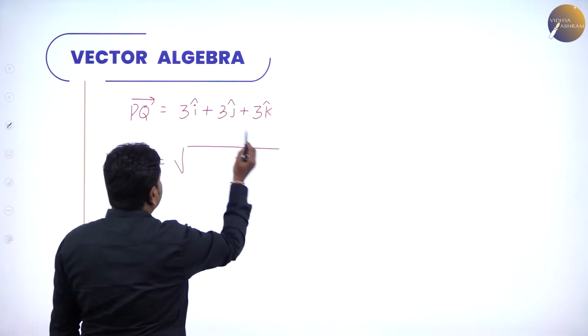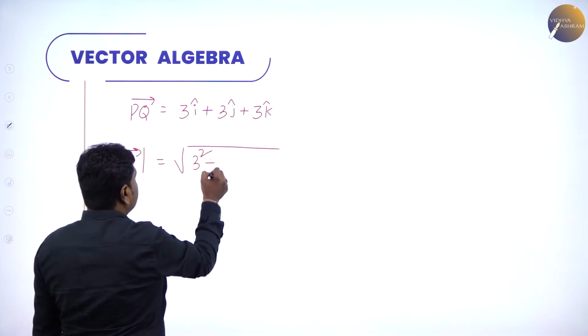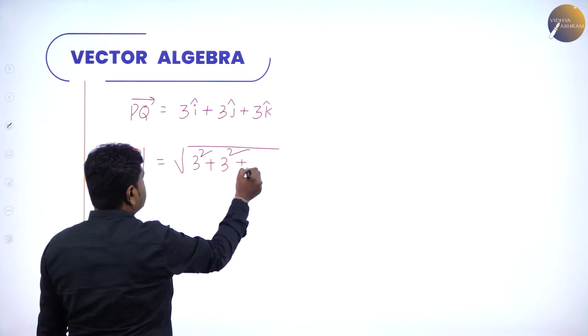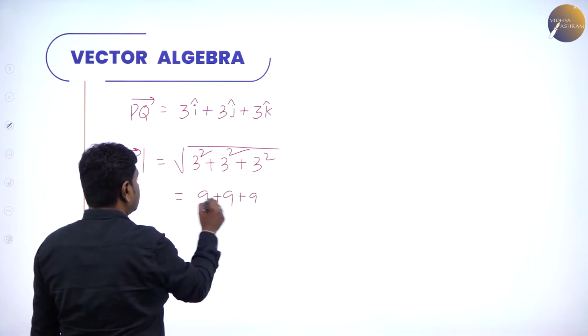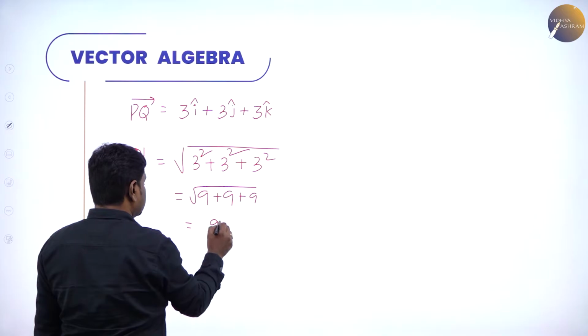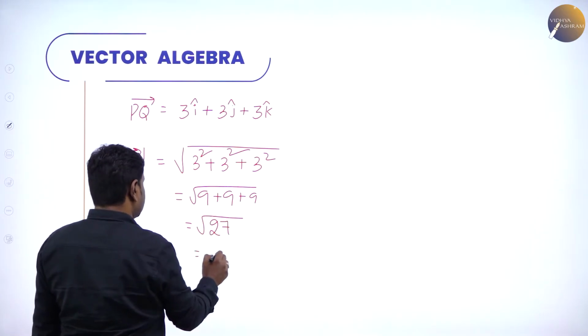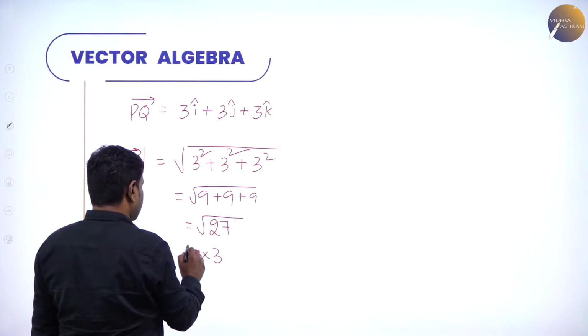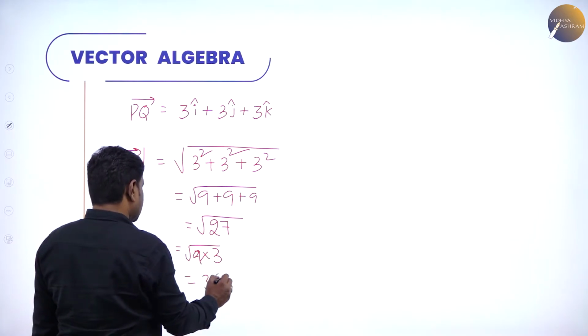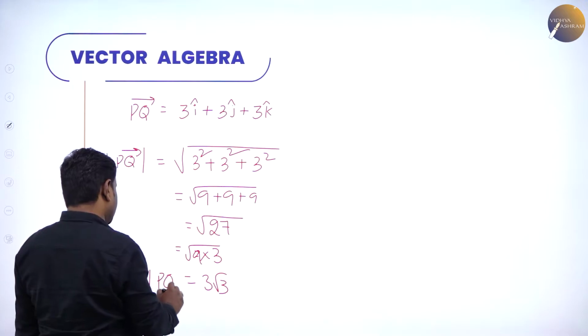Square root of the coefficients: 3 square plus 3 square plus 3 square, that is 9 plus 9 plus 9 under root, that is 27, or 9 times 3. Under root, that is 3 root 3. 3 root 3 is the magnitude of PQ.